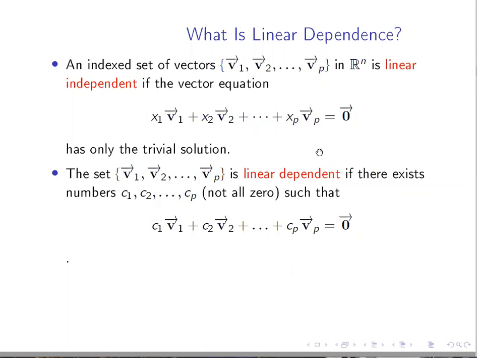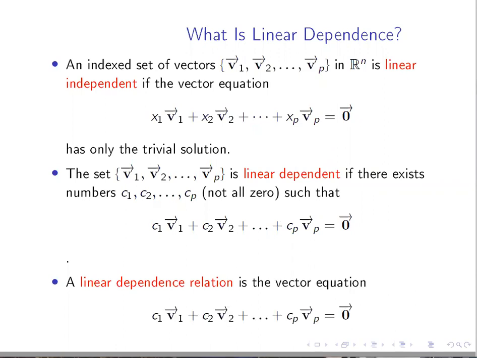These are definitions that we already did. Remember, they're one or the other: a set of vectors is linearly independent or linearly dependent. Based on this, a dependence relation is a vector equation that is satisfied as long as the C's are not all zero, so at least one of them has to be nonzero.